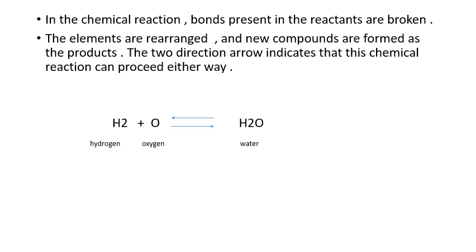In this chemical reaction, the bonds of the reactants are broken. The elements are rearranged and new compounds are formed as a product. The two direction arrows indicate that these chemical reactions can proceed. So, it means the old bonds of the reactants will be broken and new bonds will be produced.